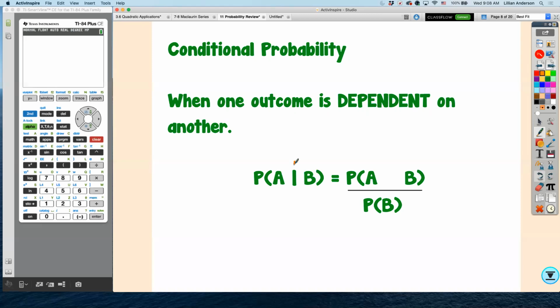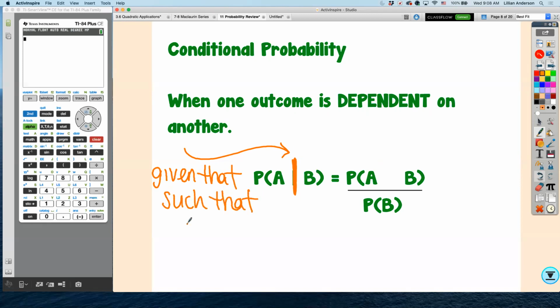The symbol for conditional probability is a vertical bar. That vertical bar indicates conditional probability. So do the words given that, or such that. Another common thing is the word if. So if a student is chosen from this class, it indicates the condition.